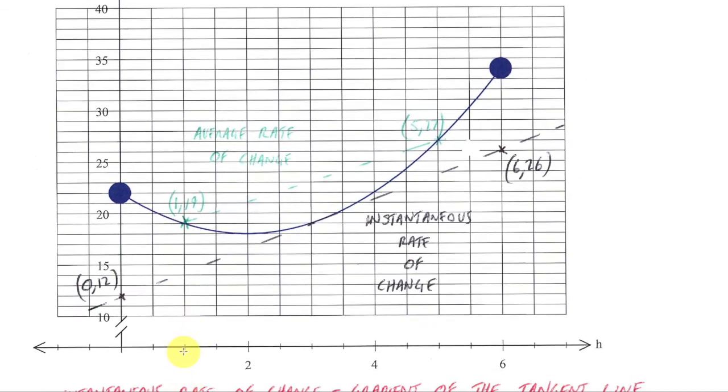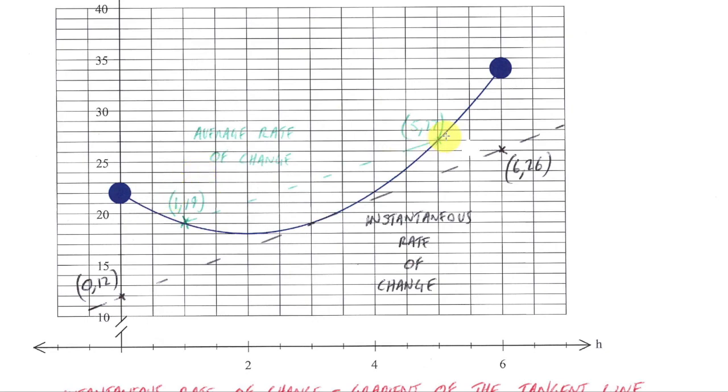So at the 1 hour mark, that is the position (1, 19), and the 5 hour mark, that's the position (5, 27). So the average rate of change is going to equal the gradient of the chord that joins the two. So it's going to be 27 take away 19 over 5 take away 1.